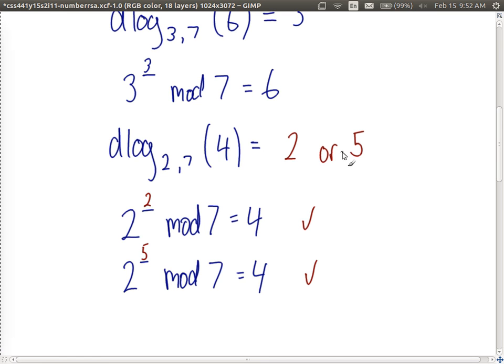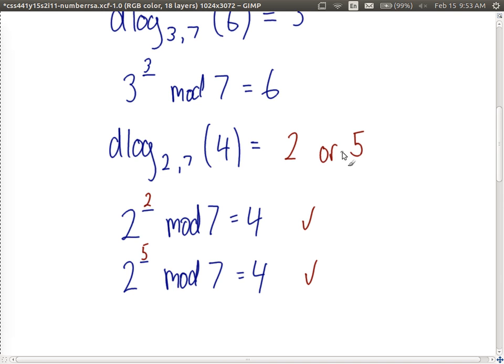There's no single answer. So we'll often say that we don't want to have such a discrete log because we don't know what is the real answer, if we're using it as an inverse operation. And that's what we use in cryptography. We'll do an encrypt and decrypt.